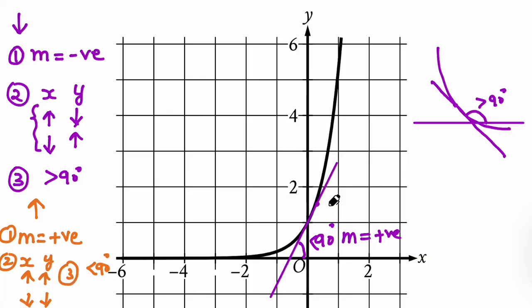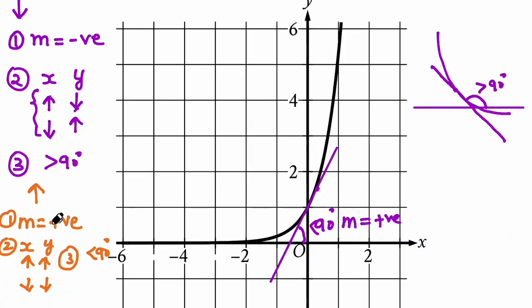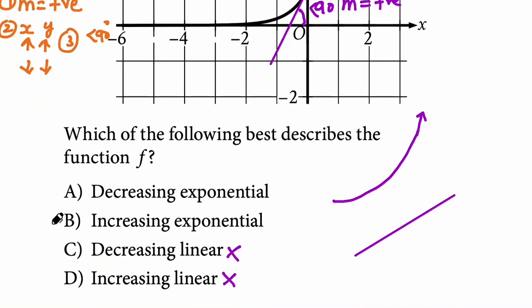So to check in this graph, what I prefer is to draw a tangent line and check whether theta is less than 90 degrees or greater than 90 degrees. You can choose any of the methods, right? So if theta is less than 90 degrees, slope is positive, and when slope is positive, the function is increasing. So that means it is increasing exponential. B is the right option, right?